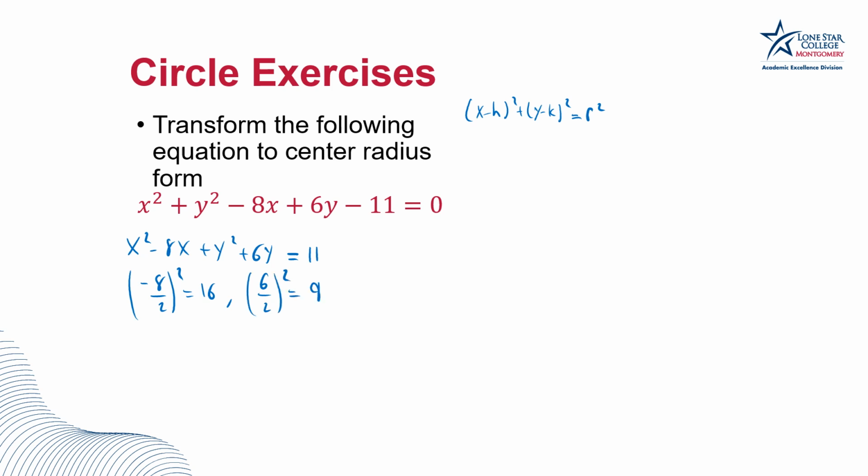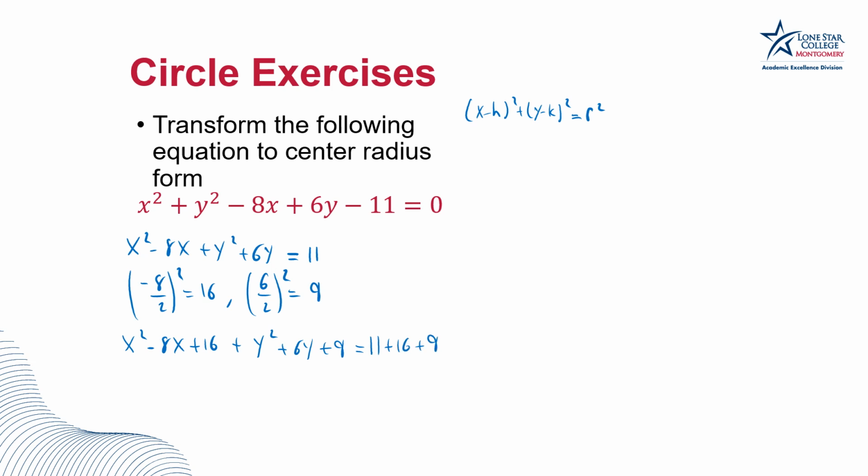So we take the 16 and 9, we add it on the left side next to the x and y respectively, but we also need to add to the right side to keep our equation balanced. So we're going to have x squared minus 8x plus 16 plus y squared plus 6y plus 9, and we go ahead and add 11 plus 16 plus 9.